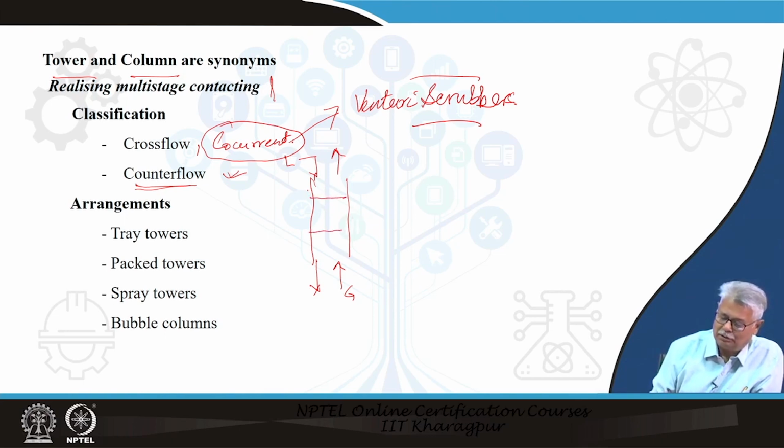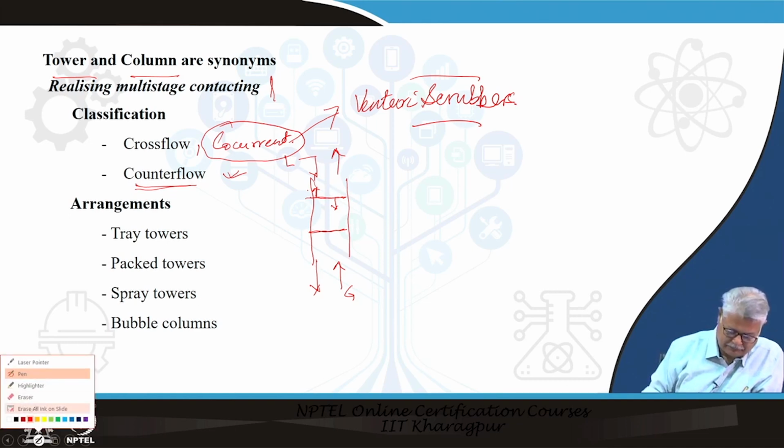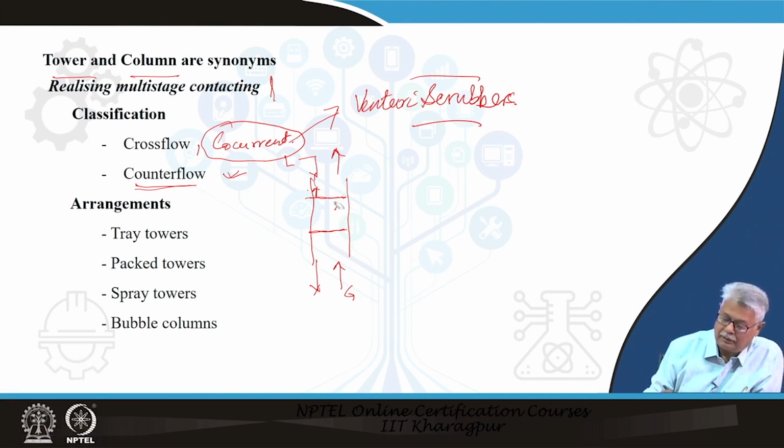What you have so far drawn are distinct trays, and an ideal tray is one in which the leaving streams, the gas leaving and the liquid leaving, are in equilibrium.